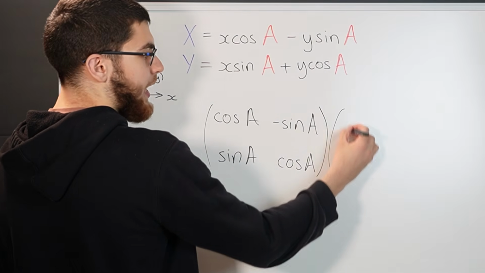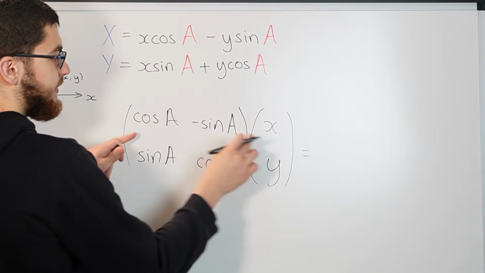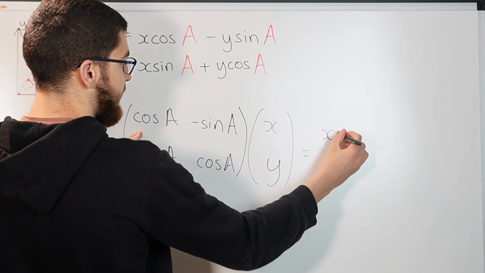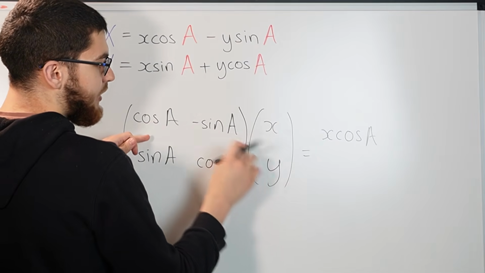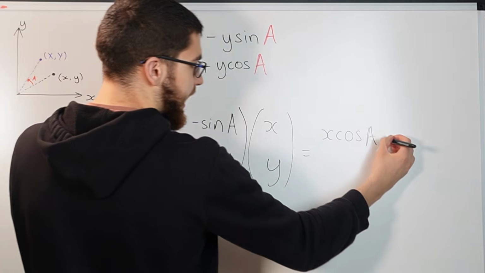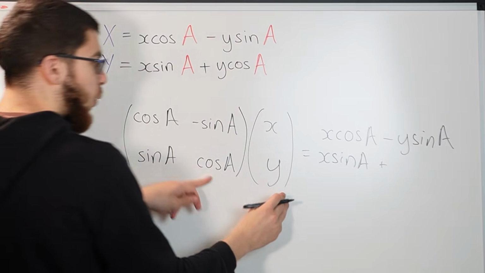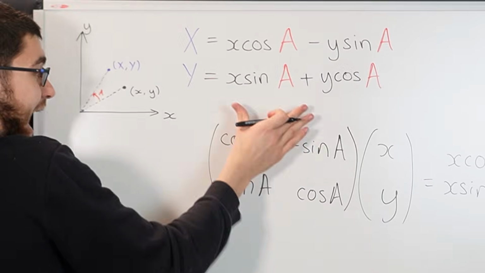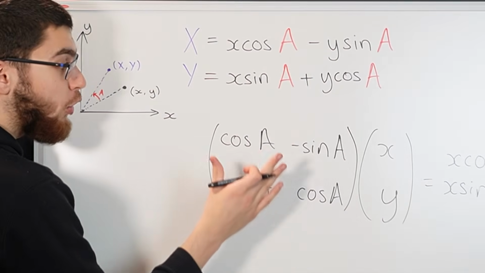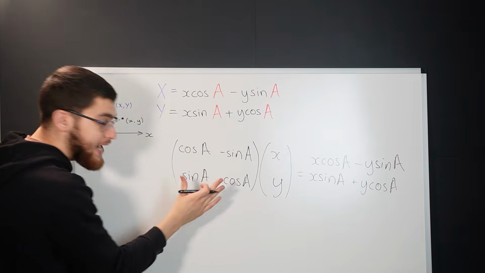If we multiply it by a point x comma y, then we get x times cosine A, then minus y times sine A. Then we've got x times sine A plus y times cosine A, which is the same as that. So this is a rotation matrix. This is how you rotate something as a matrix.